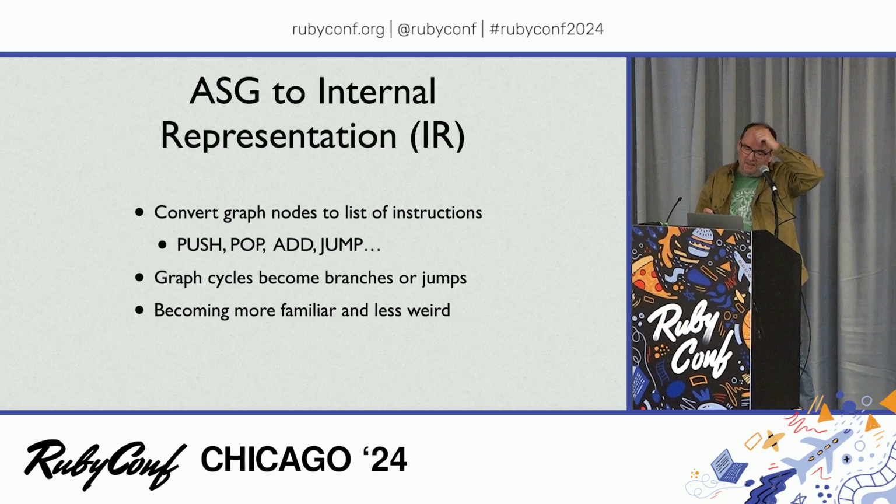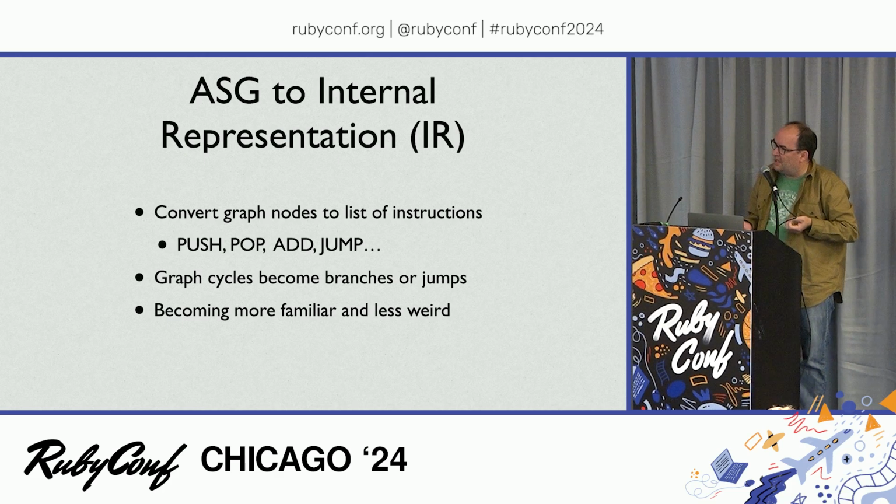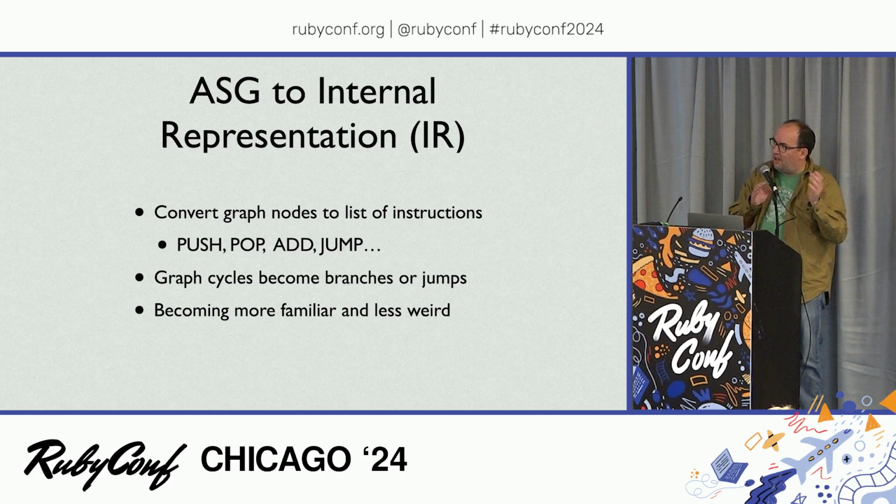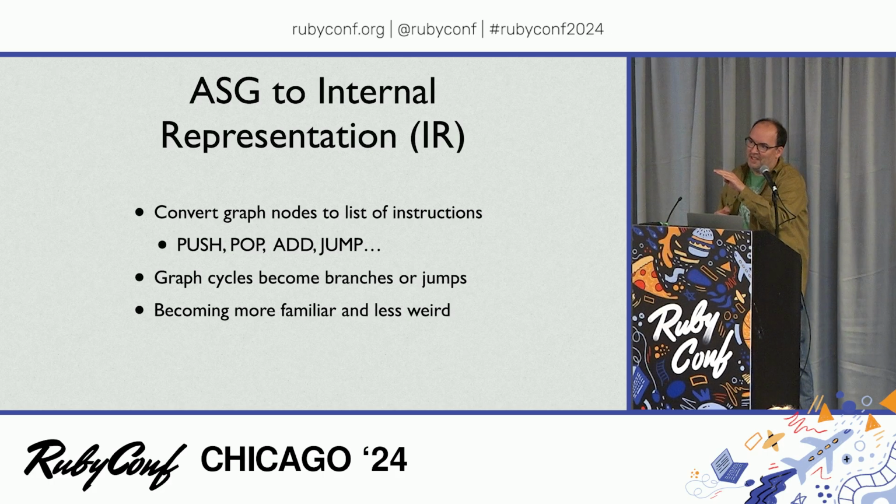But because we have these weird jumps and flow control changes, we need to actually add branches and jumps. And so now what we're getting to at this point is we're going to convert this graph into a single sequence of text with instructions. So I'm effectively making a simple programming language.